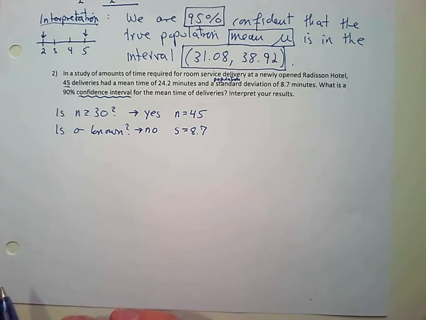But a really, really good indication that you have the population standard deviation is that it will literally say population standard deviation. Now, if it does not say population standard deviation, read the question really carefully. Is the standard deviation talking about the sample, or is it talking about the population? So again, if it says population standard deviation, that's 100% that you know sigma.